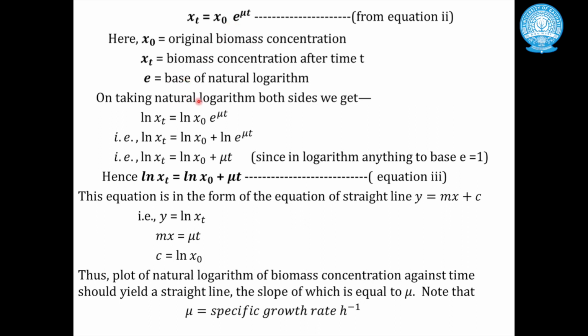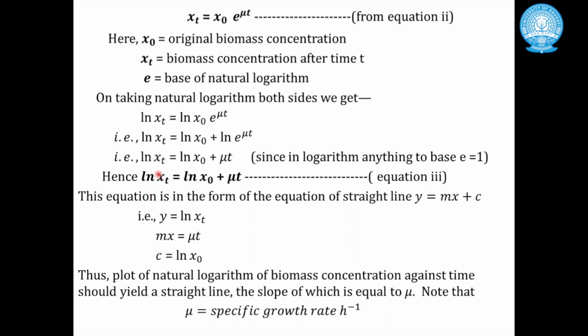On taking natural logarithm on both sides, ln xt equals ln of x naught e to the power mu t. Since ln of e is equal to 1, you get ln xt equal to ln x naught plus mu t, which is an important equation, and it is similar to the equation of a straight line, y equal to mx plus c.